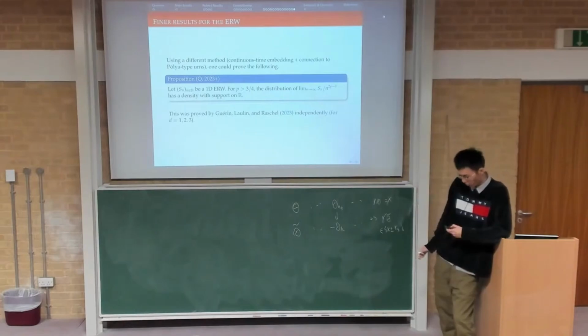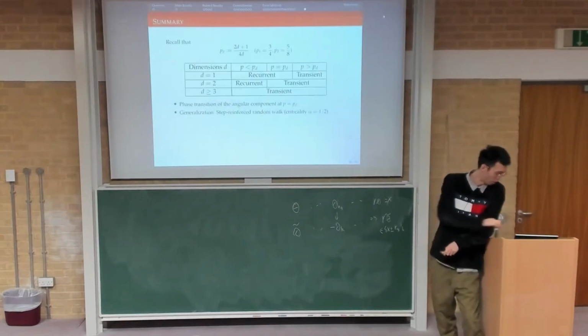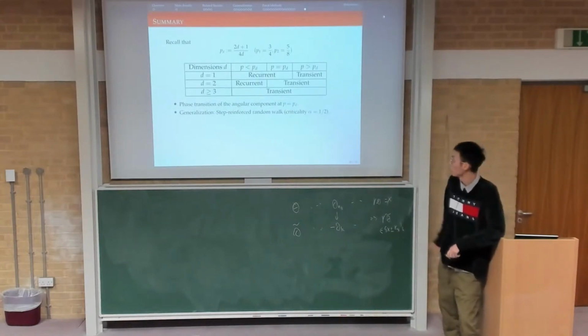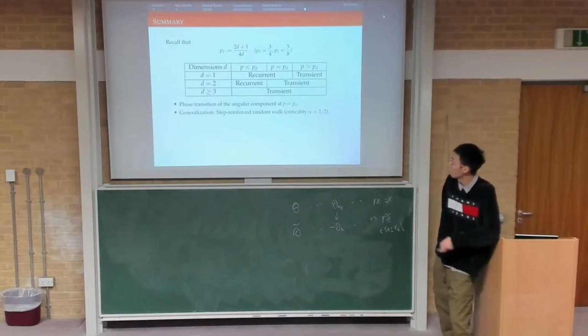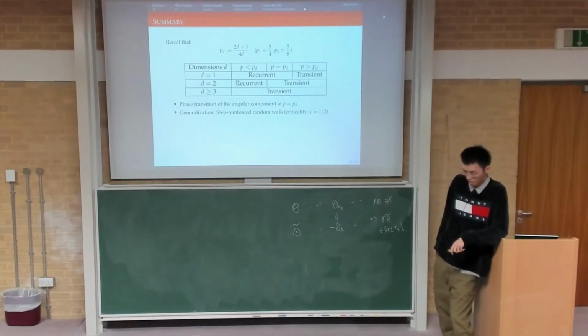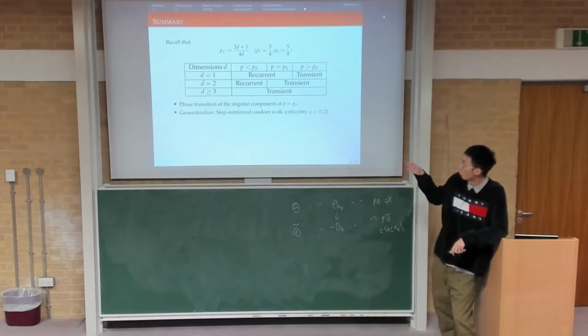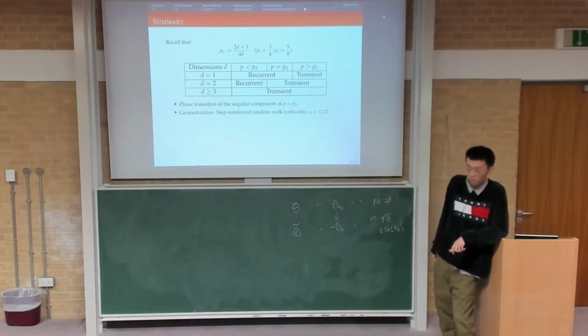Okay, let me summarize. We define PD as a critical parameter for the elephant network in dimension D. In dimension 1 it equals 3/4, in dimension 2 it equals 5/8.